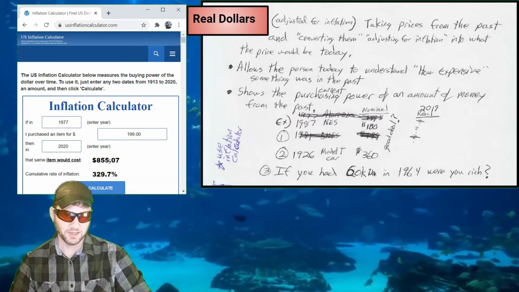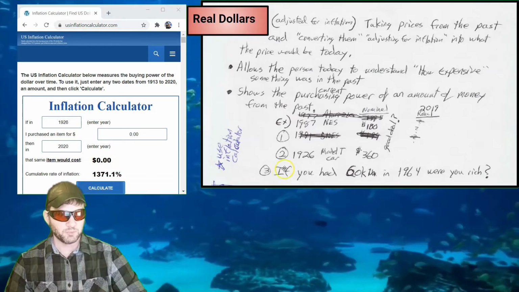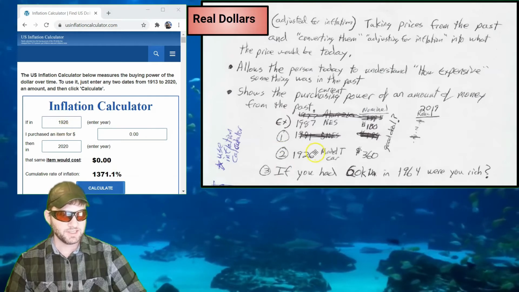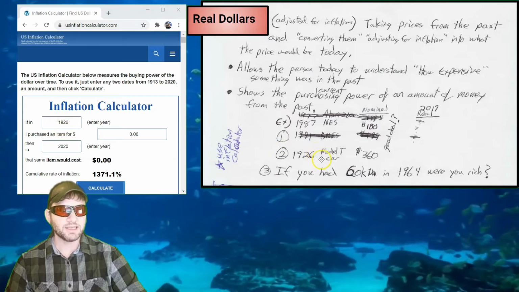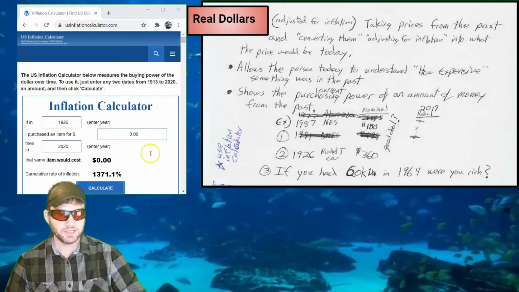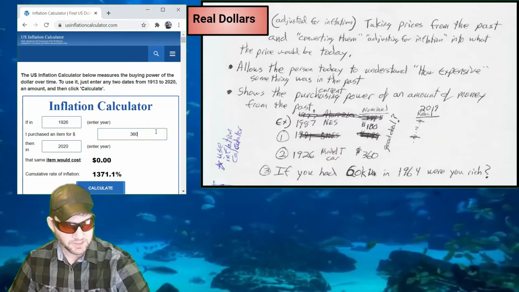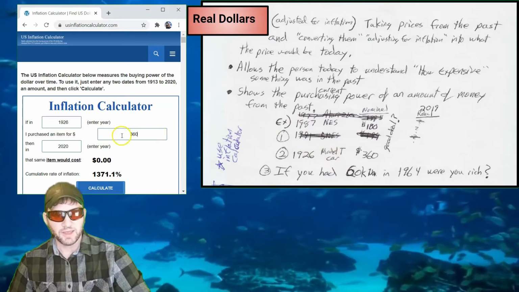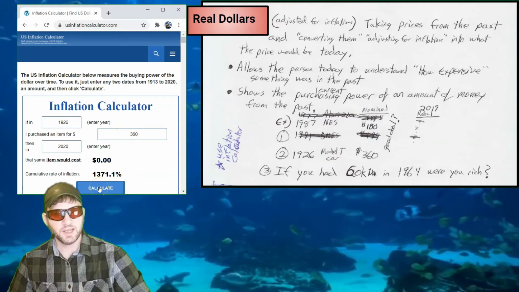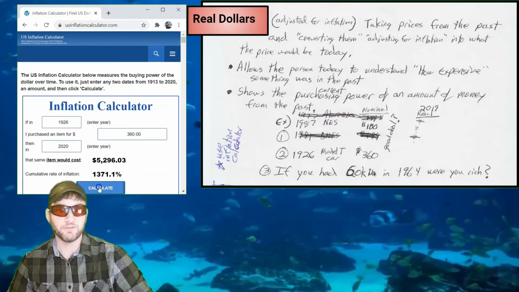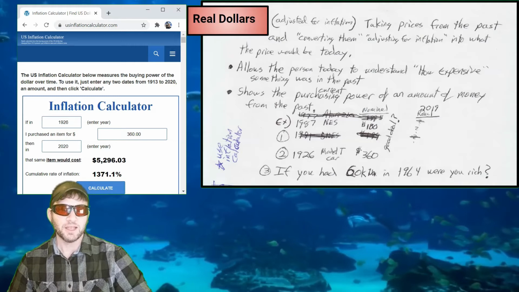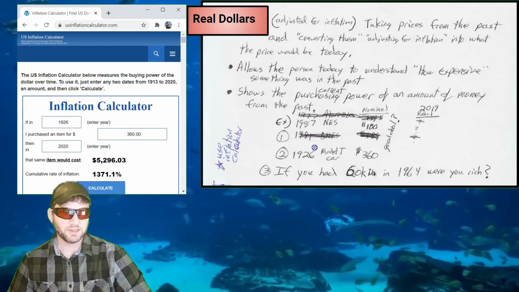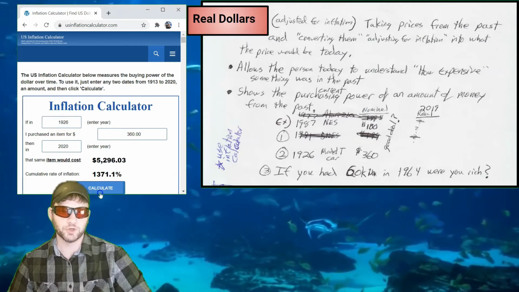$855 today. Another example, in 1926, you could get a new car, the Model T, for $360. That would be like buying a new car today for $5,000. Now that's because Henry Ford made the Model T super, super cheap.